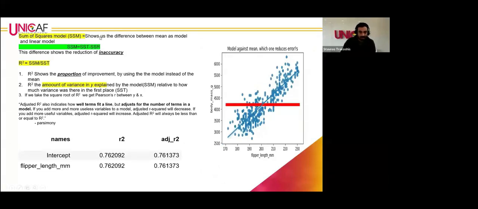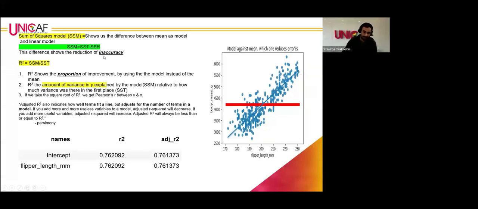And in order to compare these two, I need to subtract the sum of squares residuals, which is the error of the model, from the sum of squares total, which is the error from the mean as model. And I get a number which is basically the sum of squares model.